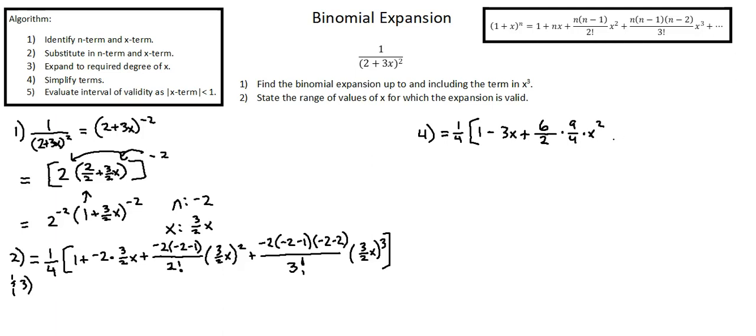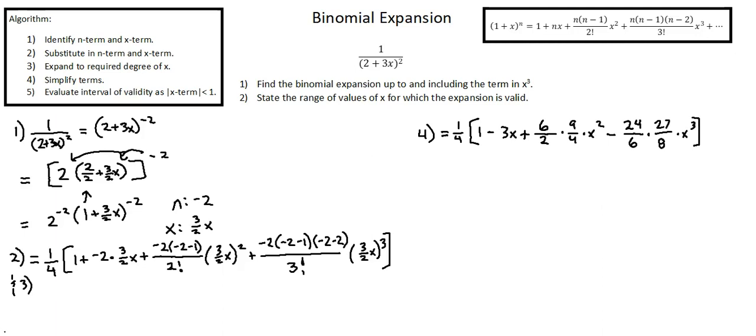Our following term in the numerator. Negative 2 times negative 2 minus 1 times negative 2 minus 2 gives us negative 2 times negative 3 times negative 4, which is minus 24, over 3 factorial, 3 times 2 times 1 is 6, times (3 over 2 x) to the power of 3, which is 3 to the power of 3, 27, over 2 to the power of 3, 8, times x to the power of 3.